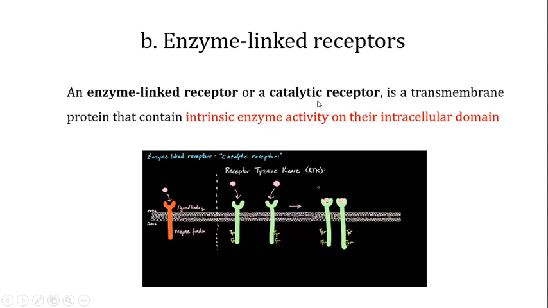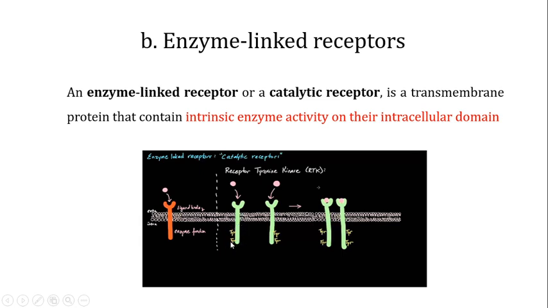These enzyme-linked receptors are transmembrane proteins, meaning they have three domains: the extracellular domain, the transmembrane domain, and the intracellular domain. They contain intrinsic enzyme activity on their intracellular domain. This means that the intracellular domain of these receptors is some sort of enzyme.